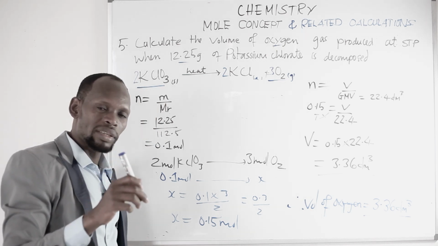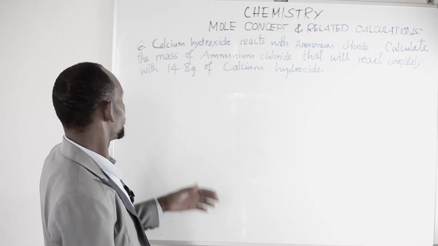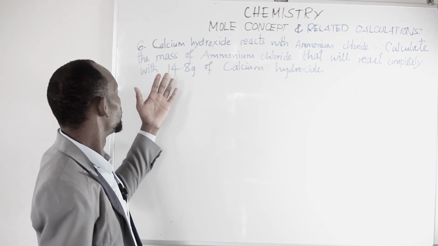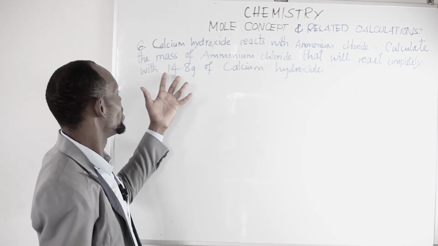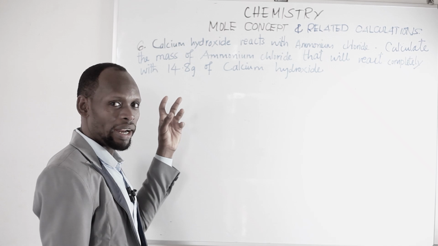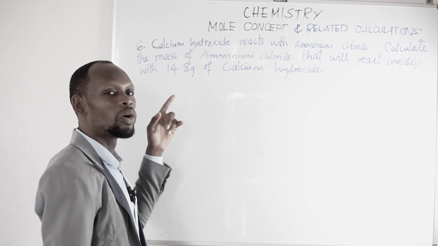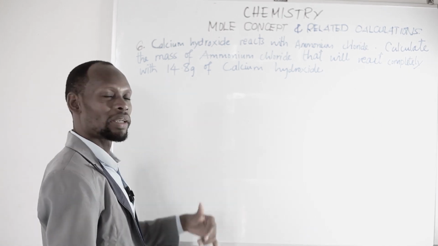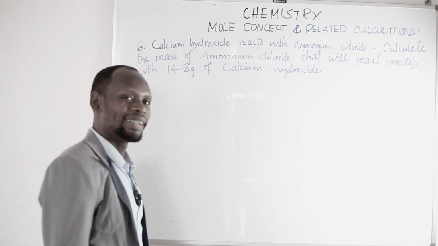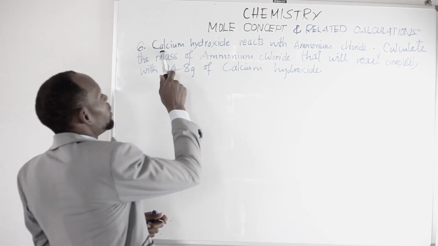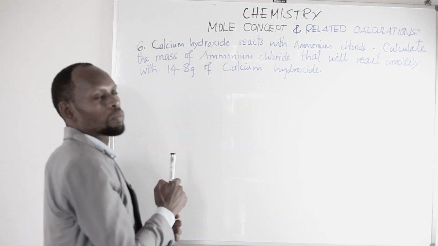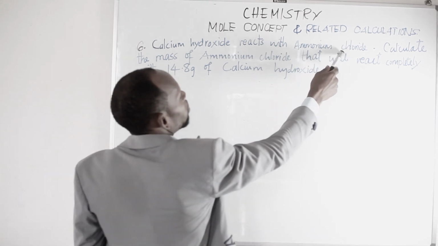The question number 6 is very interesting. Yes, question number 6. I believe and I hope that you have got something. So in this question number 6, let us do it together. Calcium hydroxide reacting with ammonium chloride.